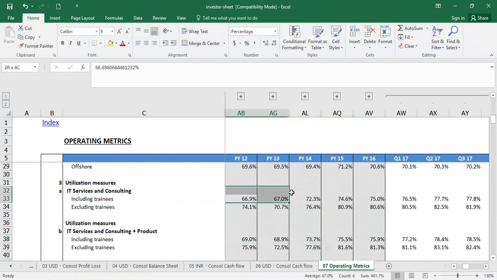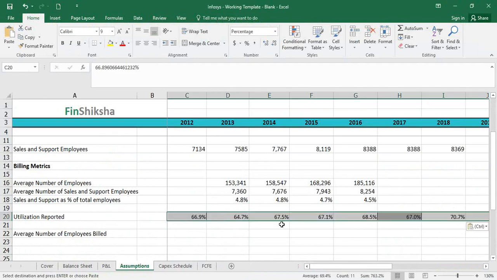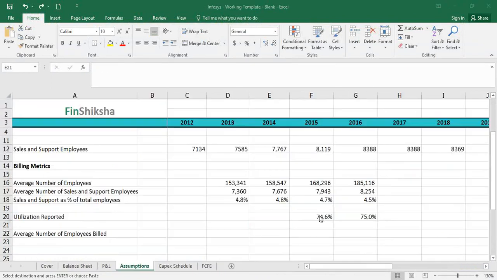We can work around with this data and try and project it, assuming that the rest of the guys also are working at the same utilization levels, right? So 66.9, 67%, 72.3%. I'm going to use this data here. Sorry, I think we have copied a bigger cell here. We need to only copy these three and plug them in here.